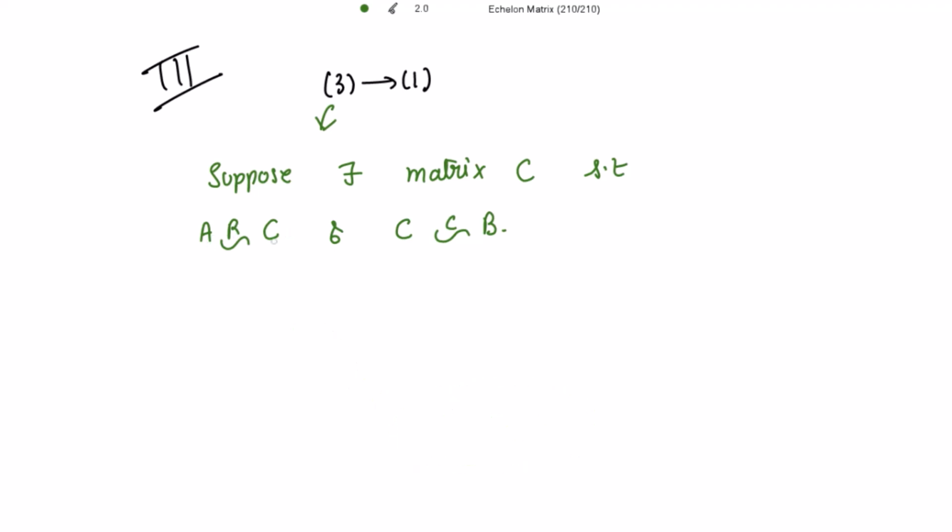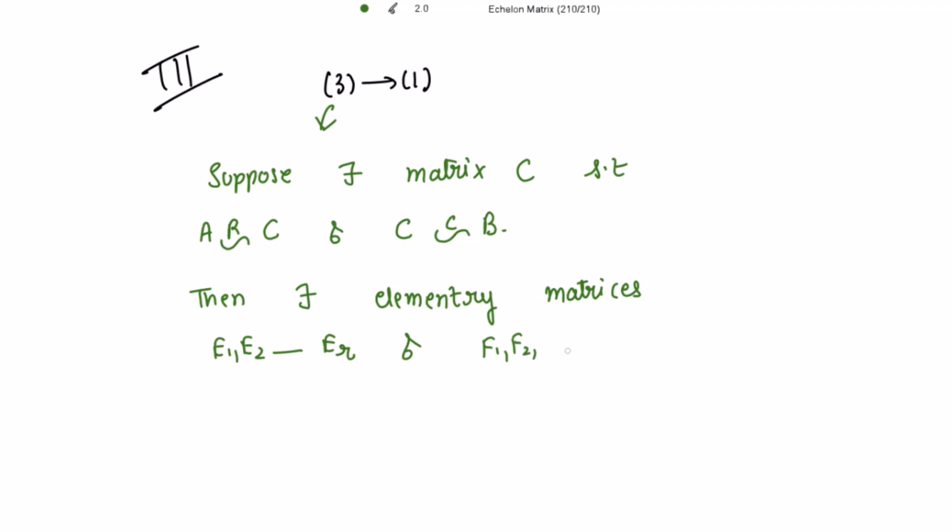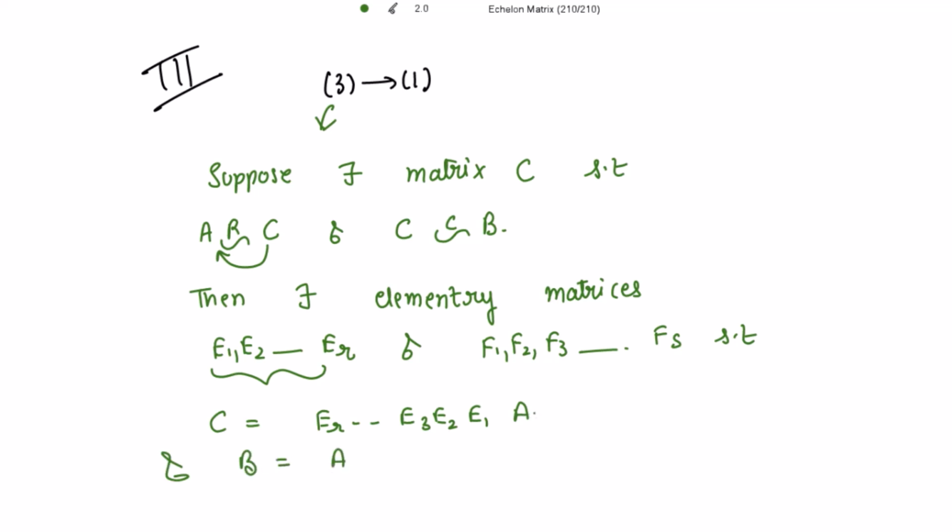Now if A is row equivalent to C and C is column equivalent to B, then there exist elementary matrices, let's say E1, E2 up to Er, and F1, F2, F3 up to Fs, such that because C is obtained from A by applying the row operations, C is equal to the pre-multiplication of these elementary row matrices to A.